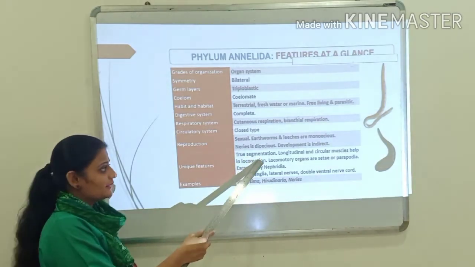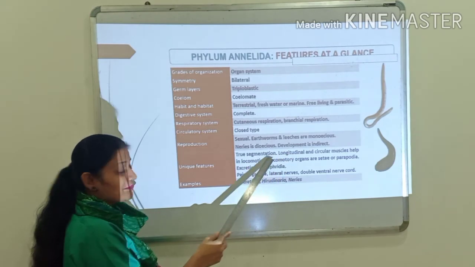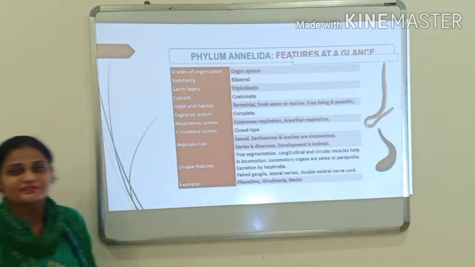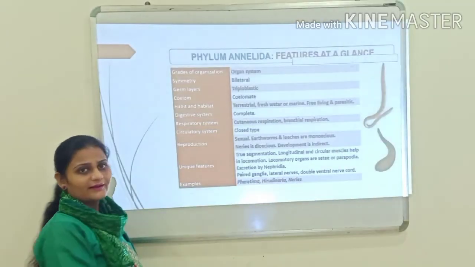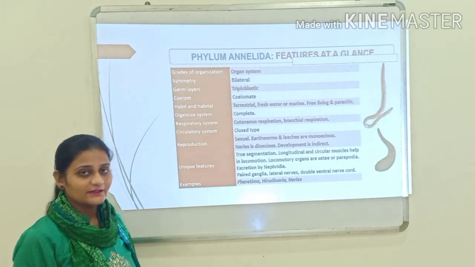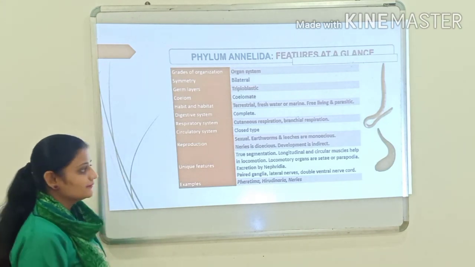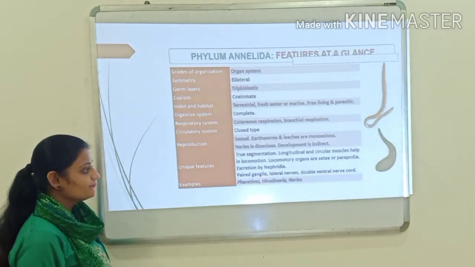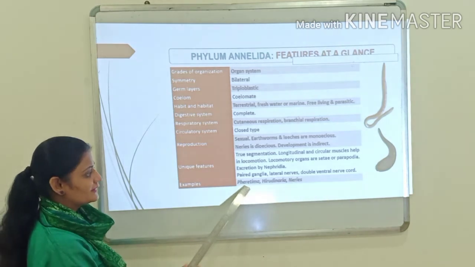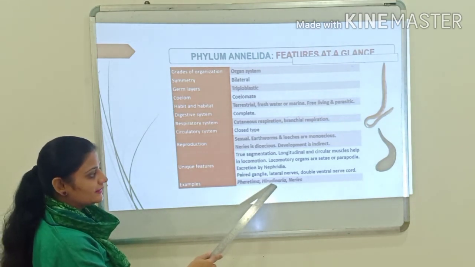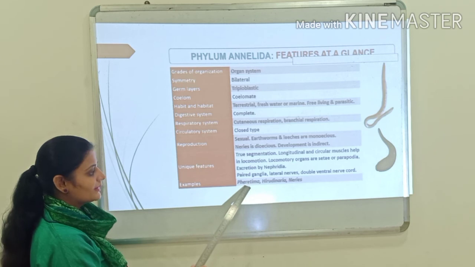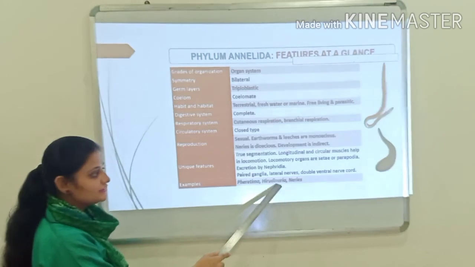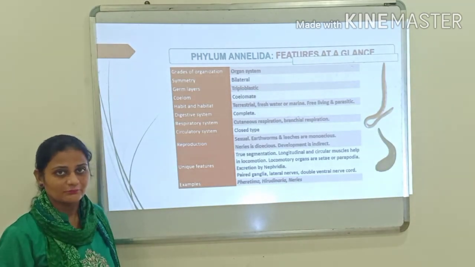The body has the segments, then the segments form the rings on their body, and longitudinal and circular muscles help in locomotion. There are different locomotory organs like setae in earthworms and parapodia in Nereis. They have nephridia for excretion, and different examples are Pheretima, Hirudinaria and Nereis. Pheretima means the earthworms, Hirudinaria means the leeches, and Nereis. These are the different examples.